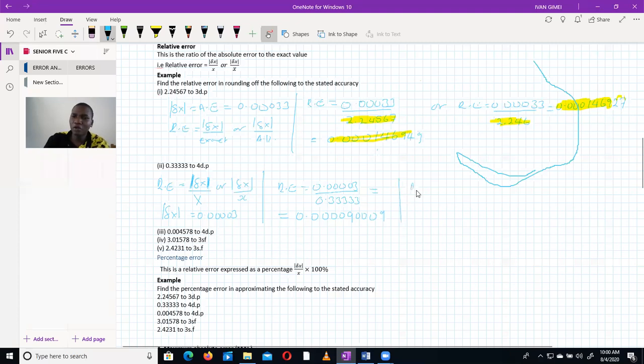Here we're using the exact value. Let's see when we use the approximate value.